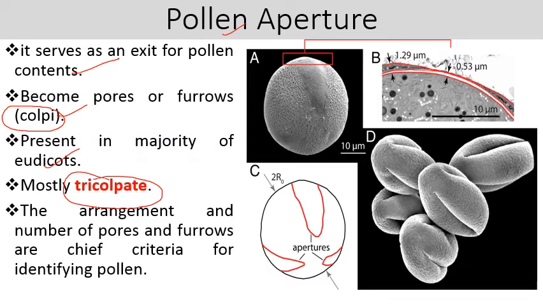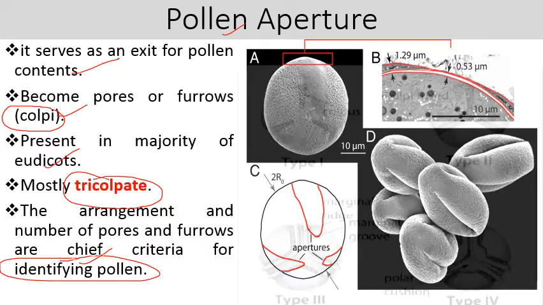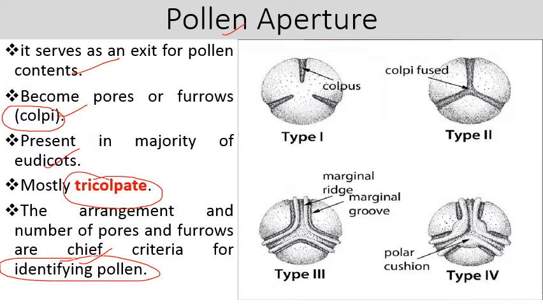The arrangement and number of pores and furrows are chief criteria for identifying pollen. So this is also an identification marker: how many apertures are there in the pollen grain. We use the term colpus, and we have different patterns of these apertures and furrows which help in identification of pollen grains.